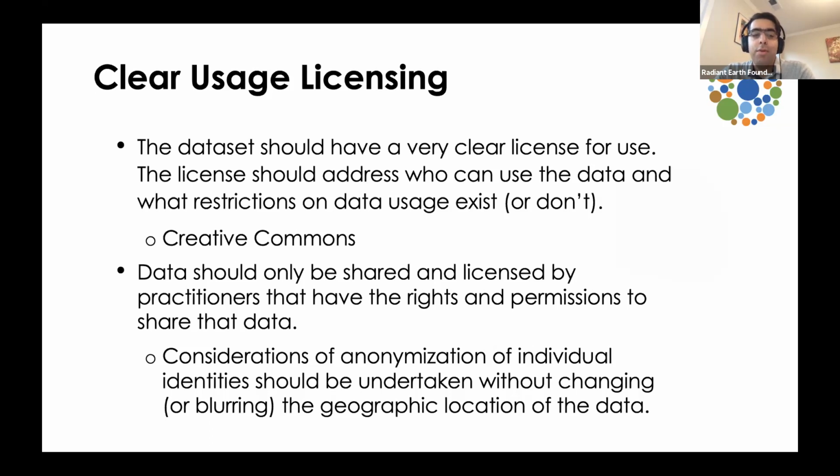We generally recommend Creative Commons BY 4.0, which is basically open source without any restriction for datasets, so that your data has the maximum impact and people can use it for different applications. But depending on the application you have, and who funded it, you can apply different levels of licensing. But again, it should be very explicit and clear in the metadata.